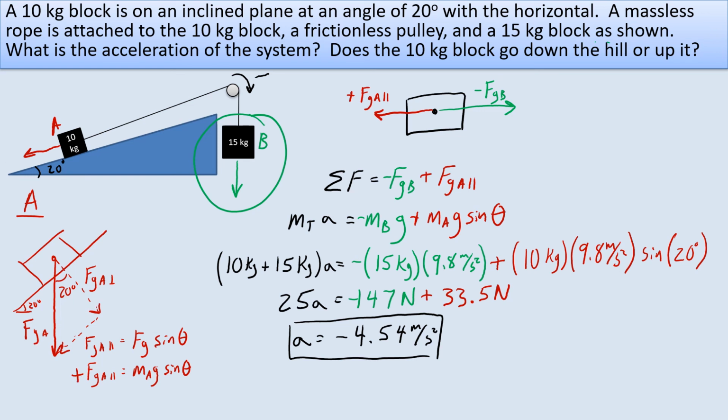So the component of block A's weight is much smaller than block B's. You can see that the acceleration ends up going in the same direction as block B, which turned out to be the negative direction. When you do the math, you get negative 4.54 meters per second squared.